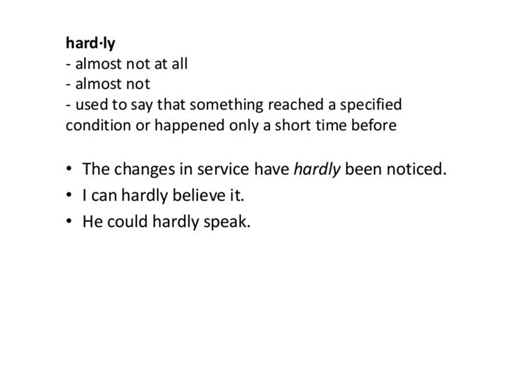Now hardly, when we use the word hardly, it means almost not at all, almost not, used to say that something reached a specified condition or happened only a short time before. I can hardly believe it. Like almost not. He could hardly speak. Like almost not.